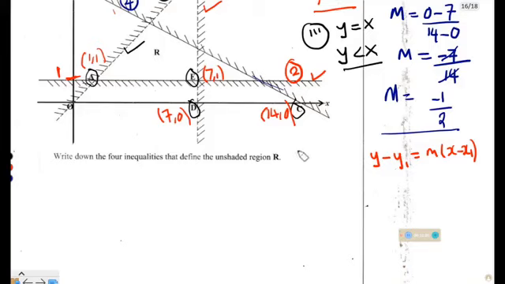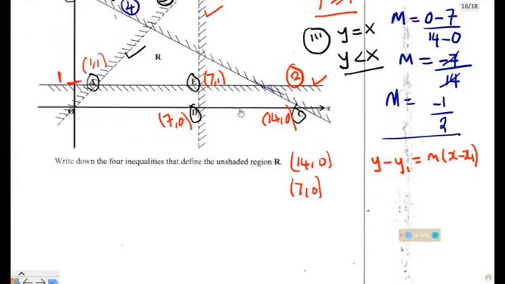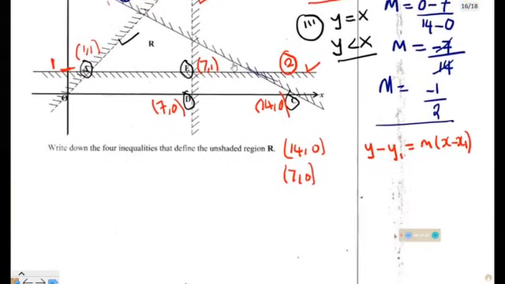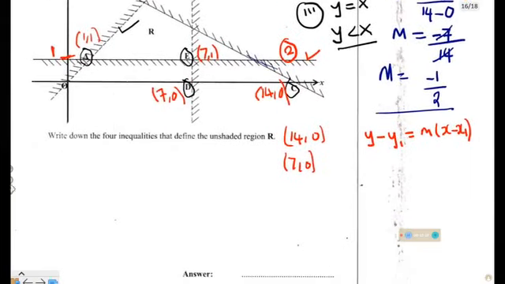The coordinates we have are (14, 0), and the other coordinate is (0, 7). From these you can pick any. Let's say if I pick this one, this will be x1, this is y1, or you can pick the other one, it's fine.